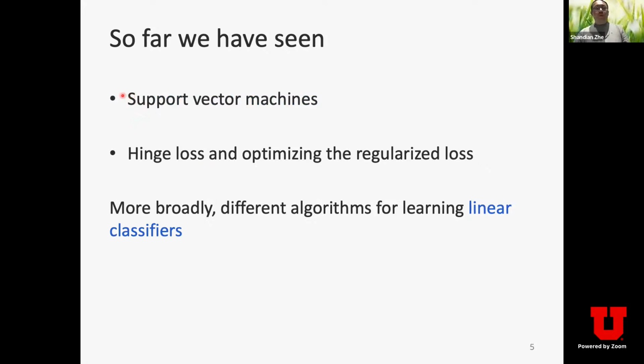So why do we want to talk about another optimization form? The motivation comes from our desire to deal with nonlinear cases. Although we're talking about linear classifiers, we know that they are of limited expressivity. In practice, the relationship between the input variables and the output of interest can be highly nonlinear.